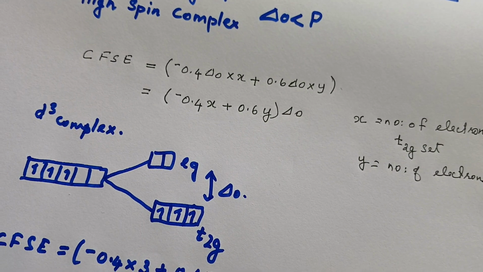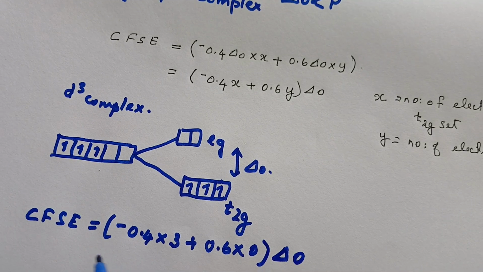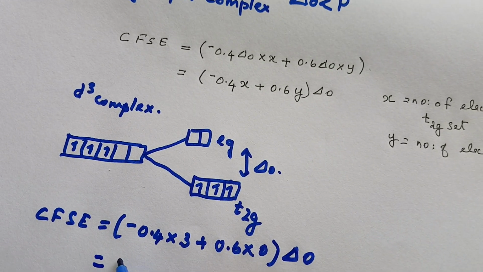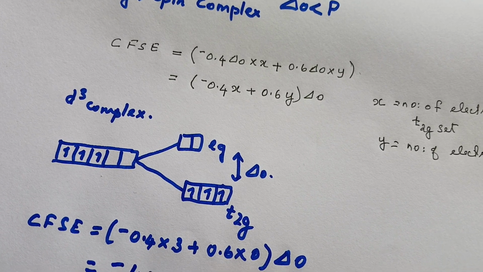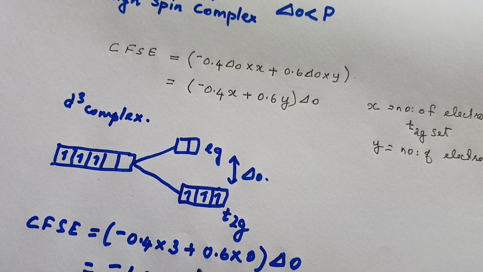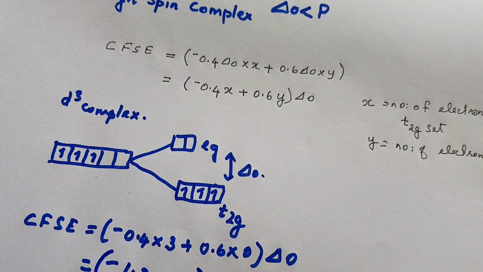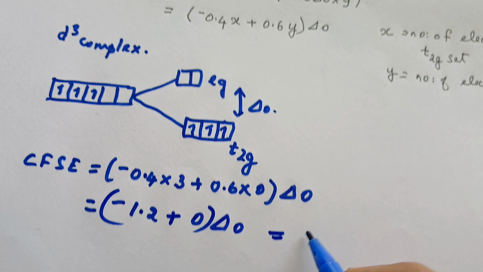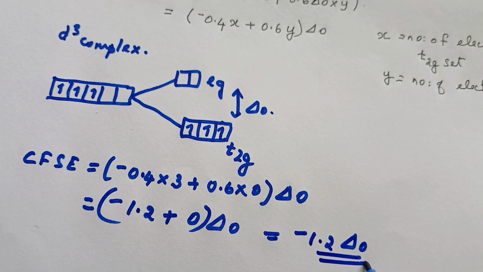There are no electrons, so 0 electrons, into delta O. That is equal to minus 1.2 plus 0, delta O, equals minus 1.2 delta O.